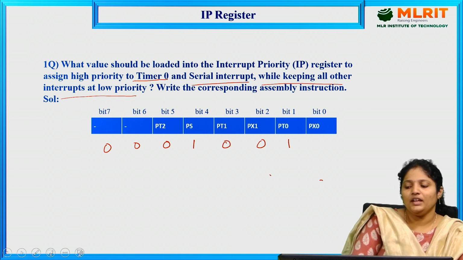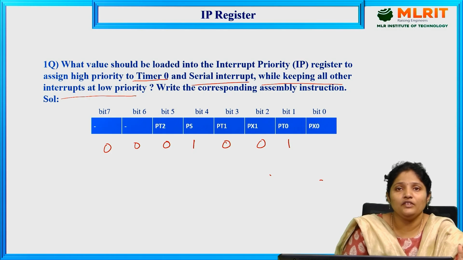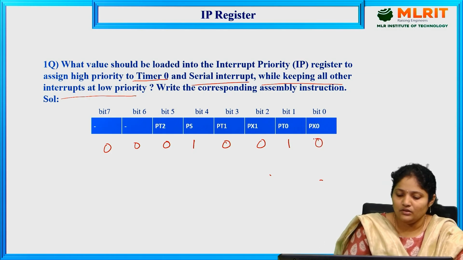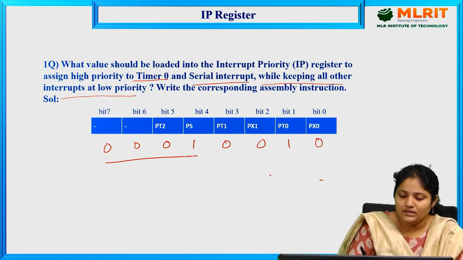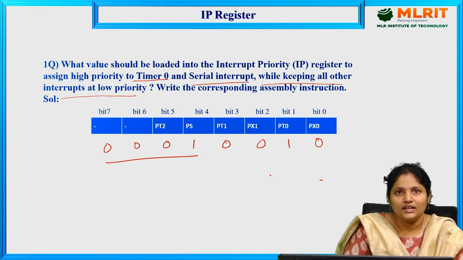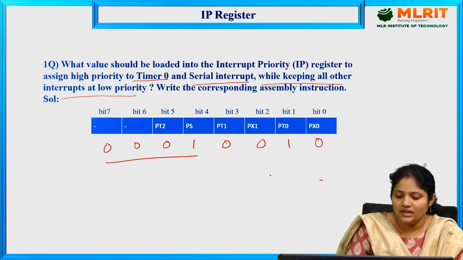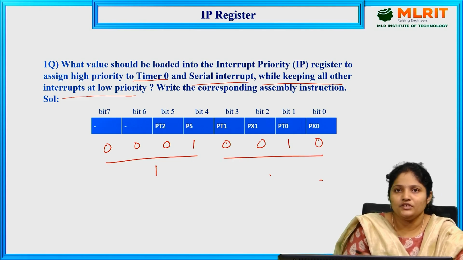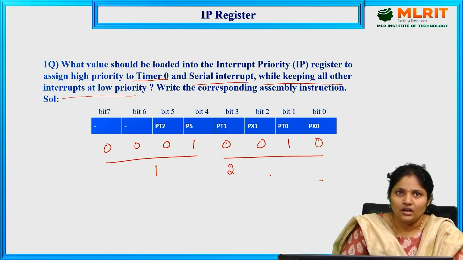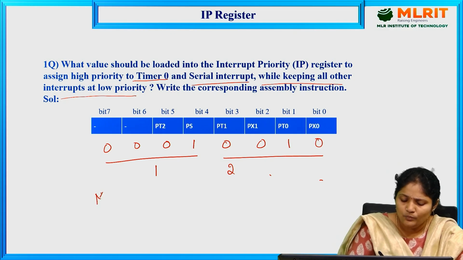Now write the corresponding assembly instruction. How will we load this value? The hexadecimal value of 0001 is 1, and the value of 0010 is 2. There are many ways to load it, like MOV.